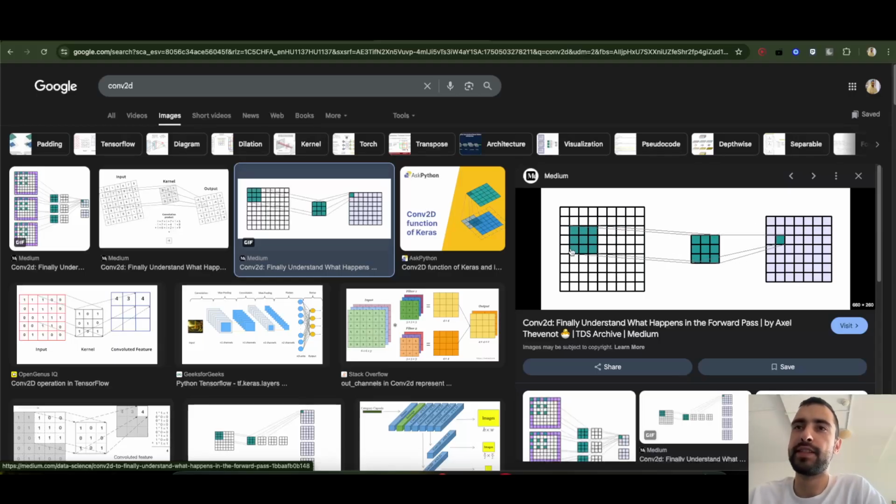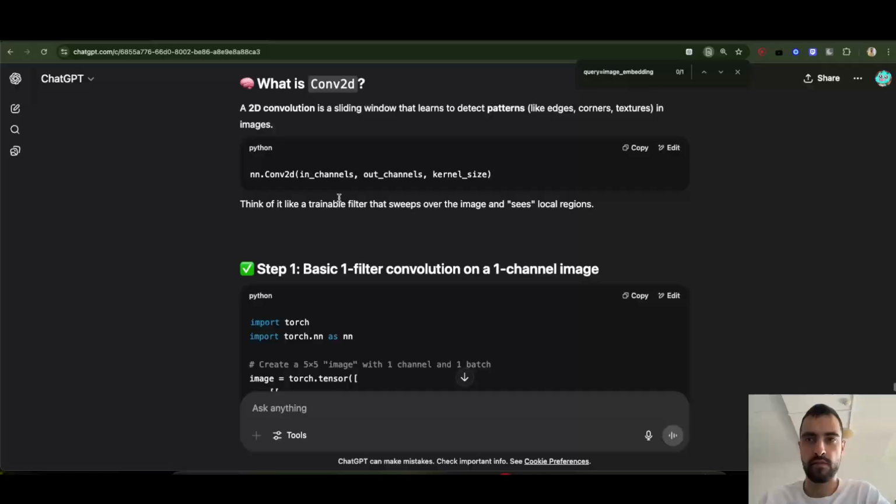So it will process these 3 with this filter or kernel and create the final number here. So this is to combine these pixel values. These are 9 pixels, to somehow combine them into this latent representation space. You can watch more videos if you don't know what the kernels and conv2D are.